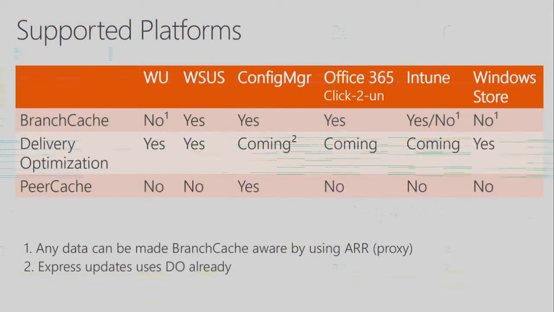In terms of supported platforms, today it's Windows Update, Windows Update for Business, WSUS, and Windows Store, and coming soon, Config Manager, Office Click-to-Run, and Intune. And today already with Config Manager, you can use DO for express updates.